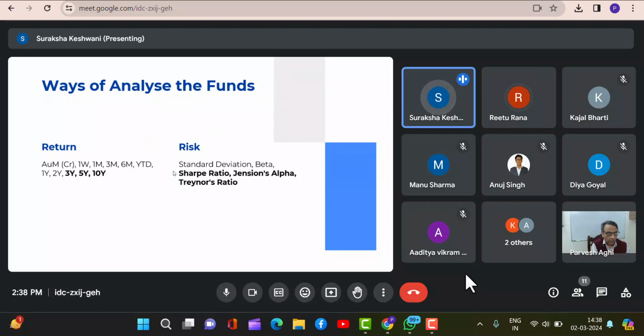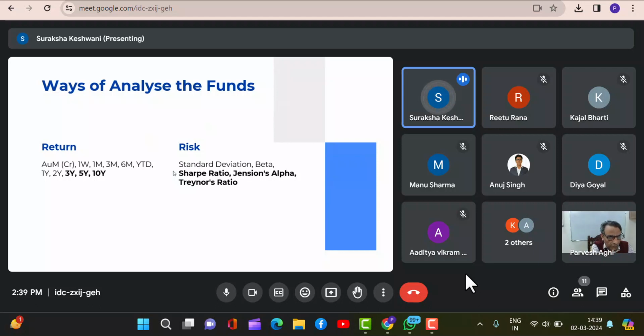These two items are where the investor can judge the trust part, that is, how much an investor can trust a fund. Other than that, investors also see how much return it is giving over different periods of time. For example, 1 week, 1 month, 3 months, year to date, 3 years, 5 years, 10 years, etc.